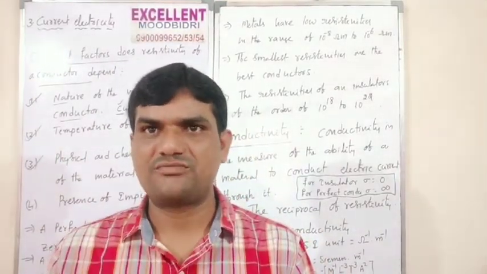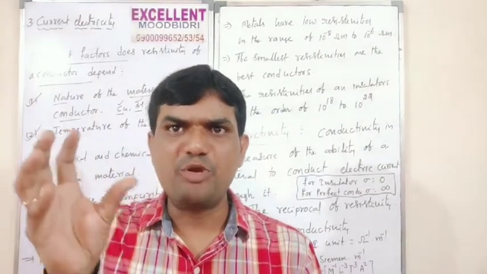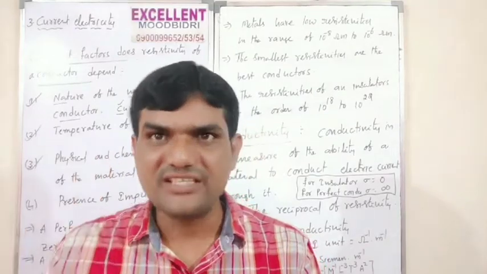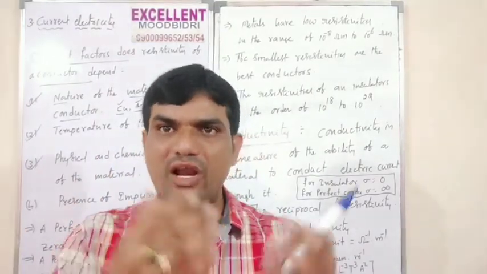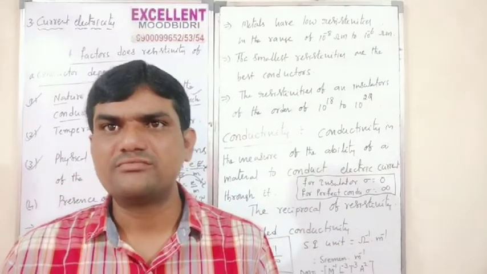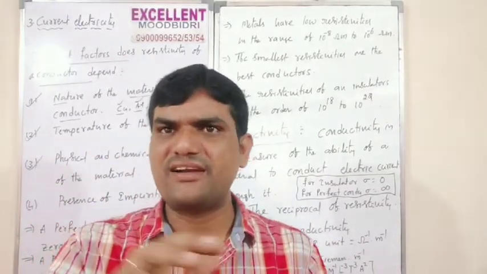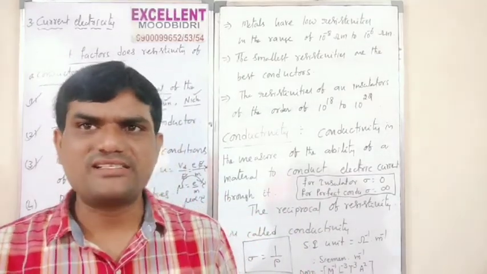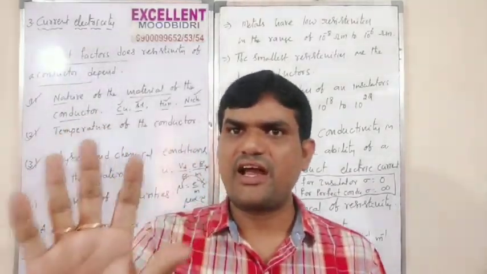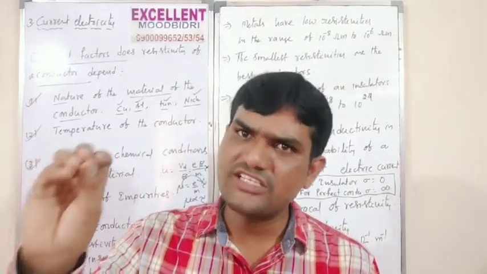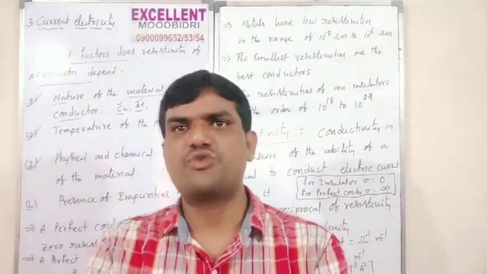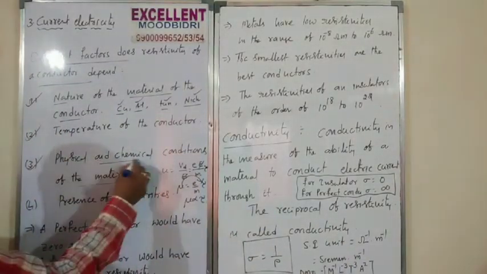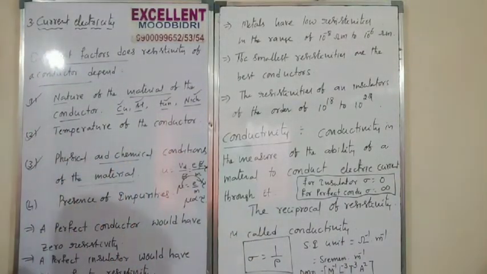If I add some impurities, the resistance increases. Alloys, like the combination of manganese and nickel, have more and more resistant power. If resistance is more, resistivity is also more.